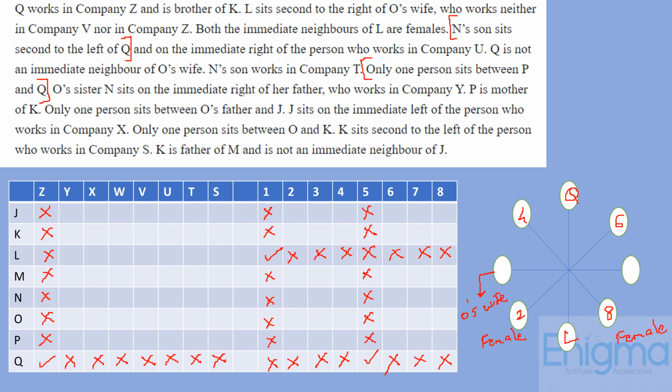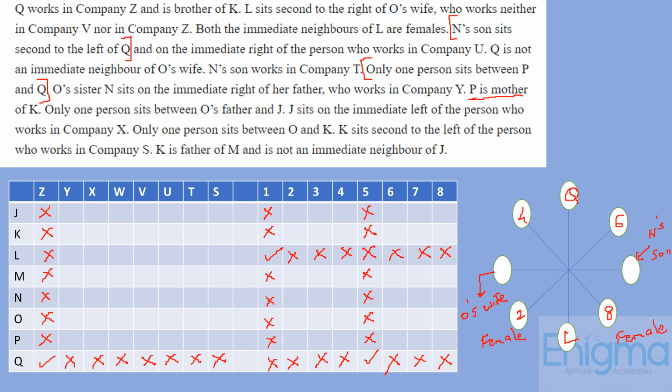So we have put a cross vertically and horizontally. Now N's son sits second to the left of Q. That means this position will be for N's son. Another given thing is only one person sits between P and Q. Now there is a possibility that P is N's son. But further, it is given that P is mother.